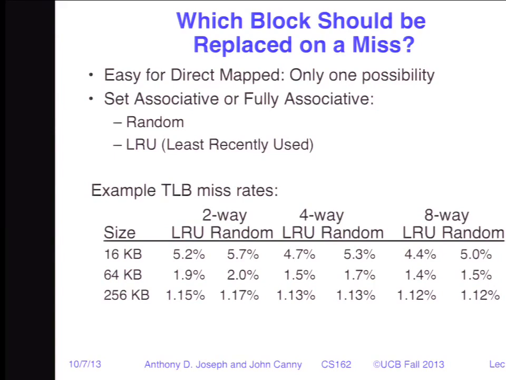Right? We go from 64 to 256, and the decrease is relatively small versus the decrease that we got from 16 to 64. We'll see more about this when we talk about working set sizes later on in the semester. We can also see that as we increase the associativity, we also drop the miss rate.